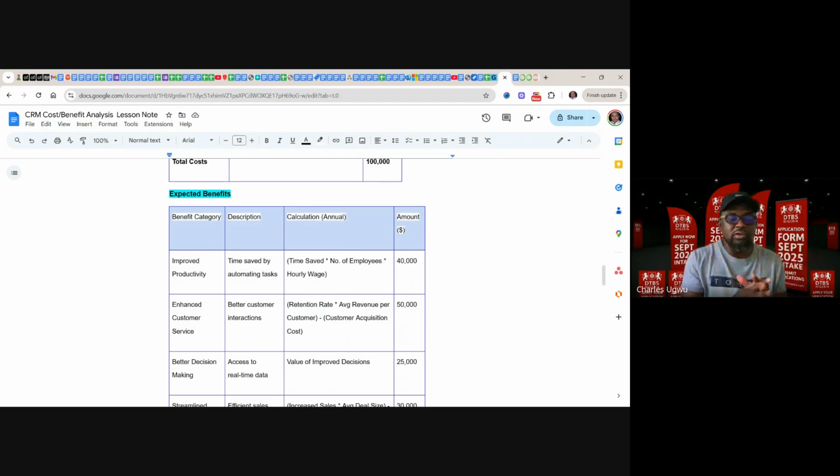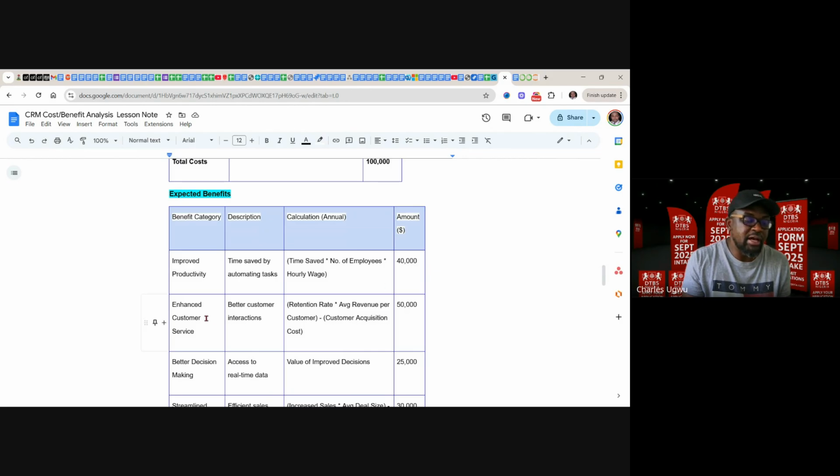That will help us get the amount of money. If you look at it here, it is time saved times number of employees times hourly wages. That is the easiest way to get the monetary value in figures.